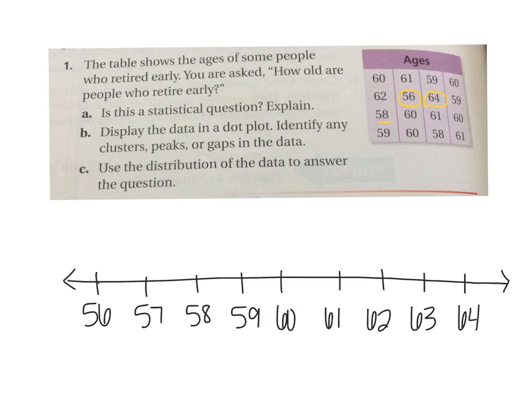And now I'm just going to put a dot every time a number is represented in the table. So I see a 60, I see a 62, I see a 58 and a 59. I see a 61 and a 56. Two more 60s.